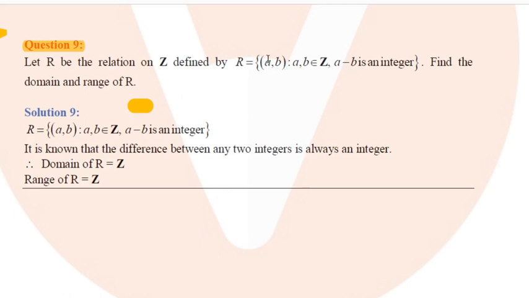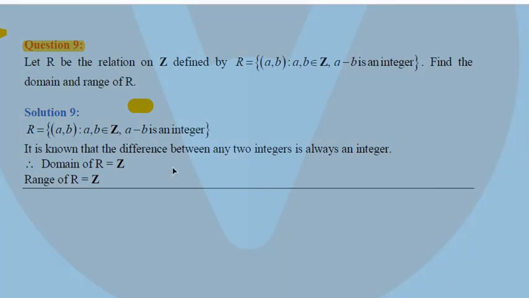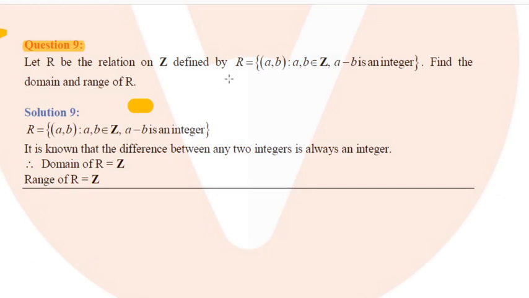If you put a rational number, that does not belong to integers, and the difference is also not an integer. So the domain is also integer and the range is also integer. Then it is only possible that the difference will be an integer.